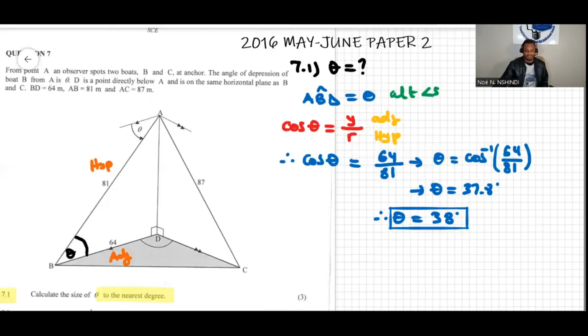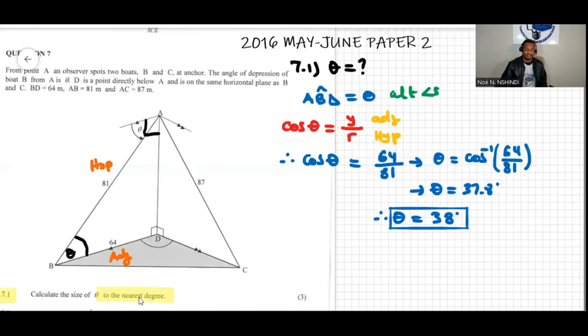Now, someone else may also do it this way. Because the two lines are horizontal and that is the transversal, it forms a 90 degrees angle there.